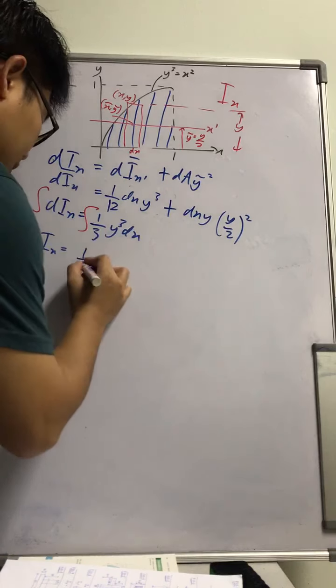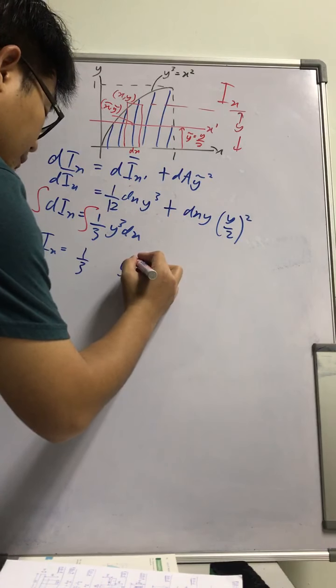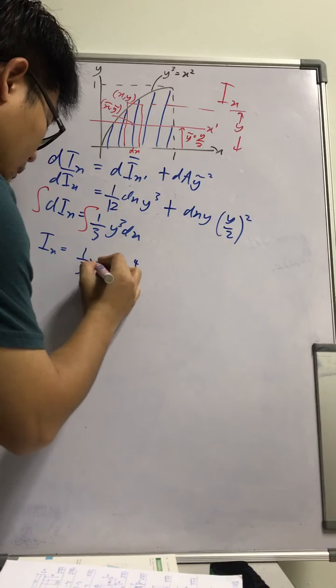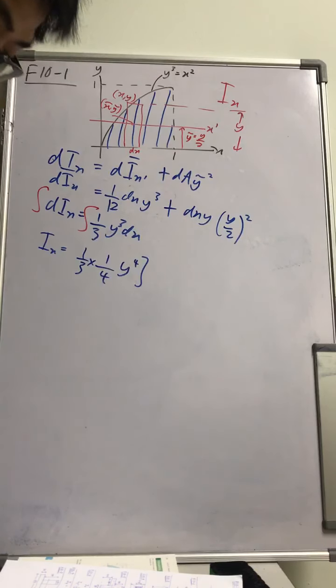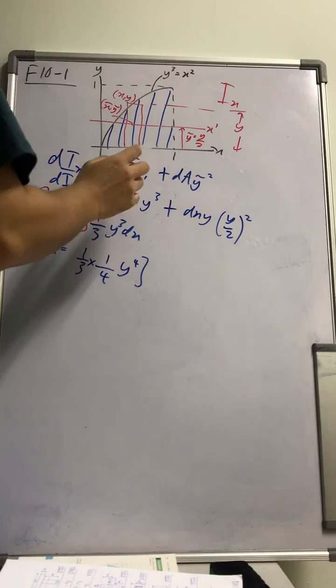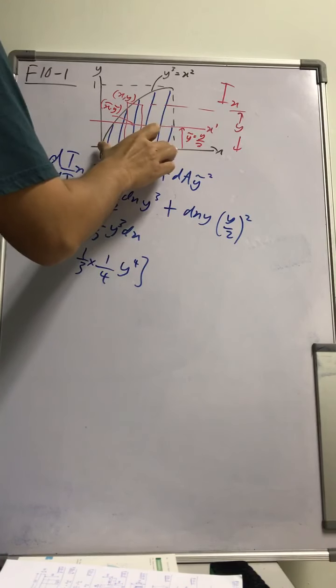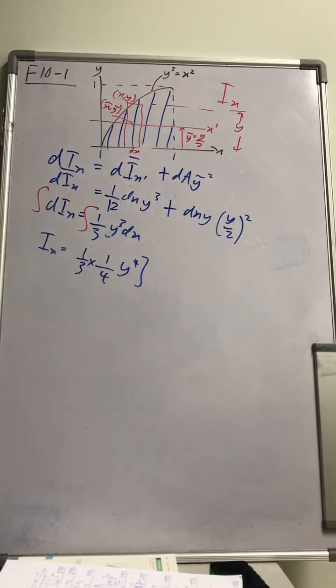So you have 1 over 3 y cubed dx. When you do the integration, you need to choose from where to where. Here you do the integration with respect to the x-axis, so this area is between x equals 0 and x equals 1.